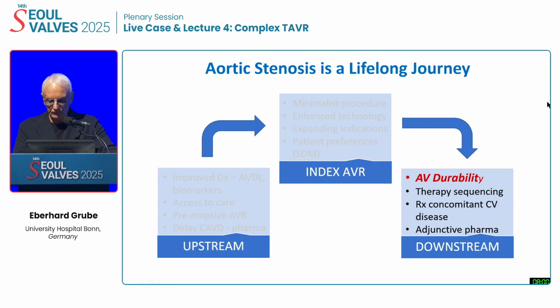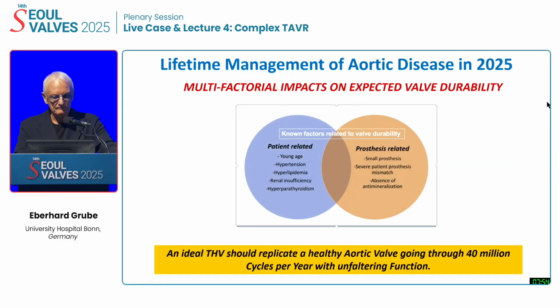The downstream aspects, mainly durability and therapy sequencing, obviously. We know that lifetime management and durability is multifactorial, with patient-related, prosthesis-related, and procedure-related factors. An ideal THV should replicate a healthy aortic valve going through 40 million cycles per year with unfaltering function.